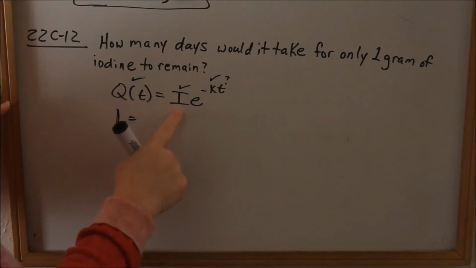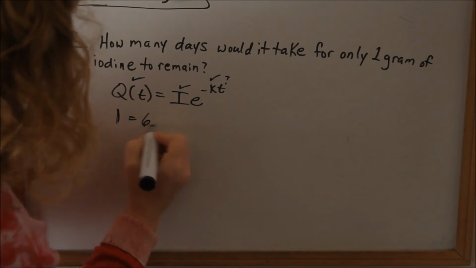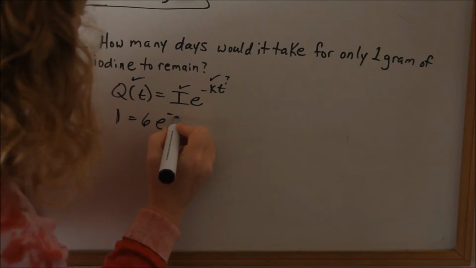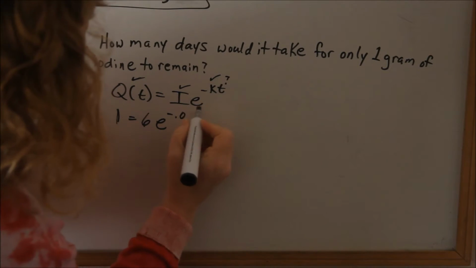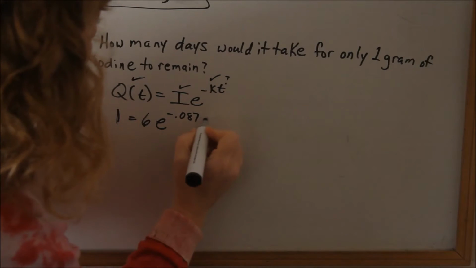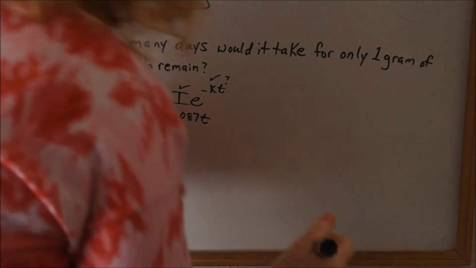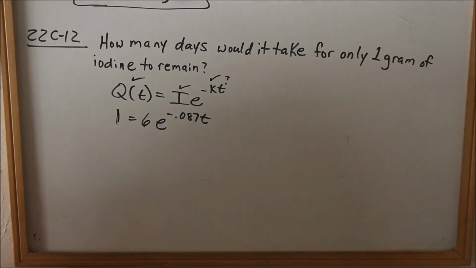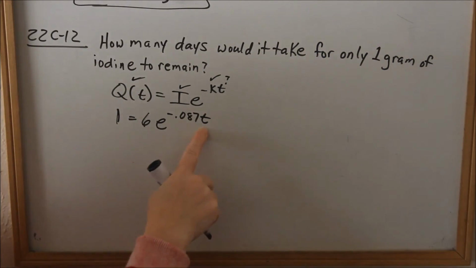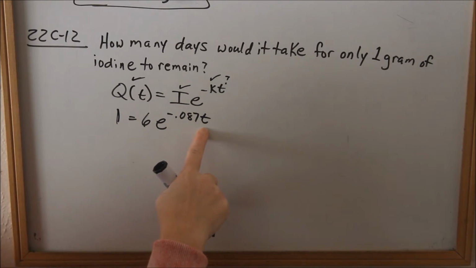So 1 equals our initial amount, 6 grams, e to the negative, our rate constant, 0.087 t. That's my unknown. So my unknown is in my exponent. What do I do if my unknown is in my exponent? How do I get the unknown out of the exponent? You take the natural log of both sides.